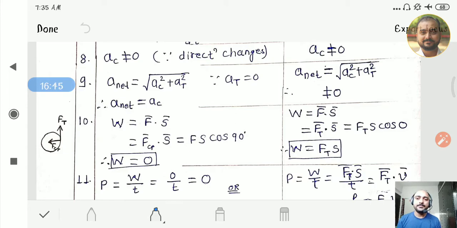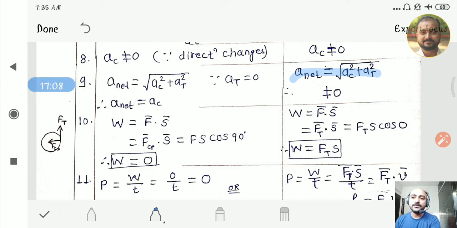Okay, the net acceleration for non-uniform circular motion has the value under root of a_c square plus a_t square, because here a_c and a_t have certain non-zero values, they are not equal to 0, and so the net value of acceleration is also not equal to 0.